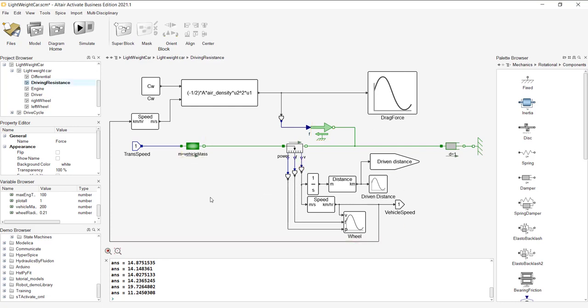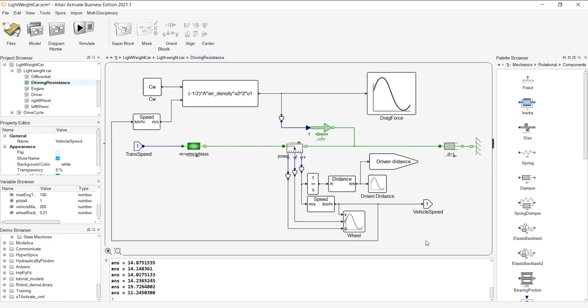So in this subsystem, we incorporate the drag force working against the vehicle and outputting our vehicle speed that's now incorporating our drag force as well.